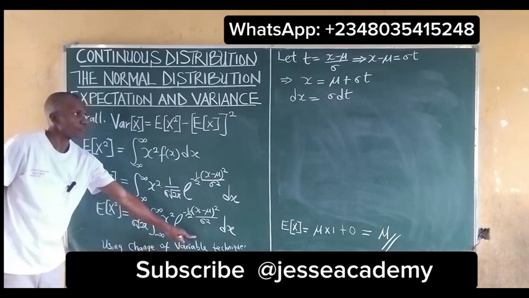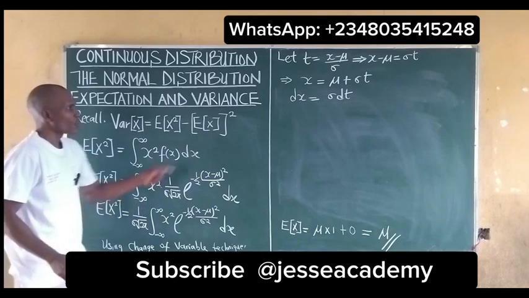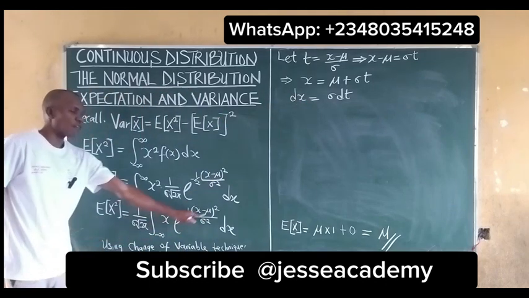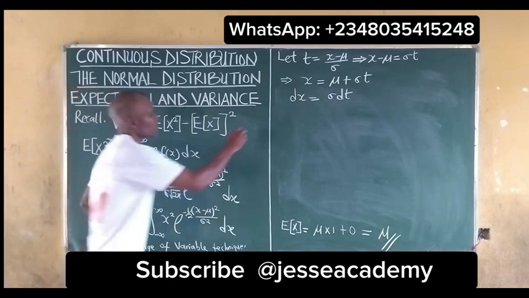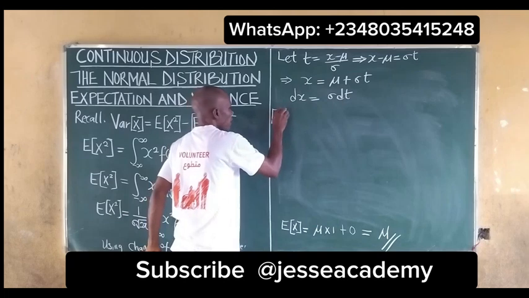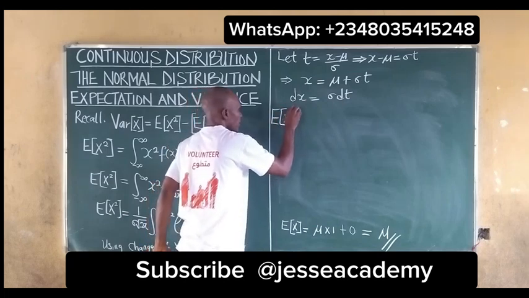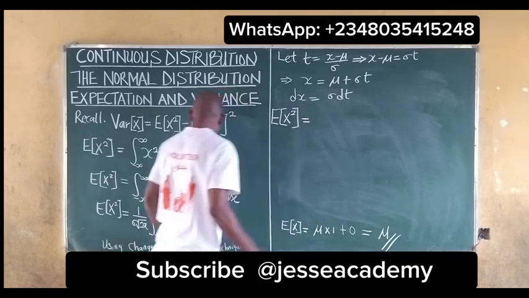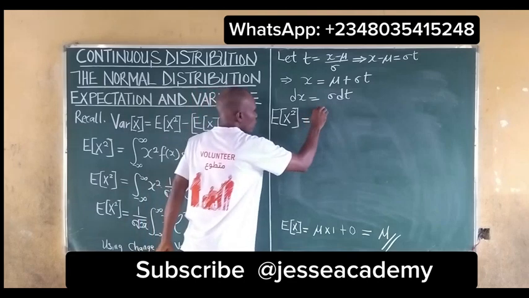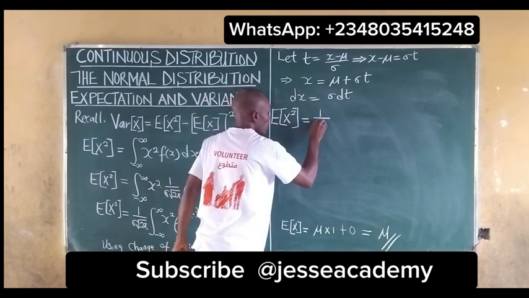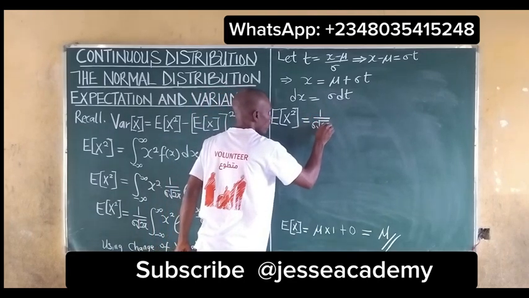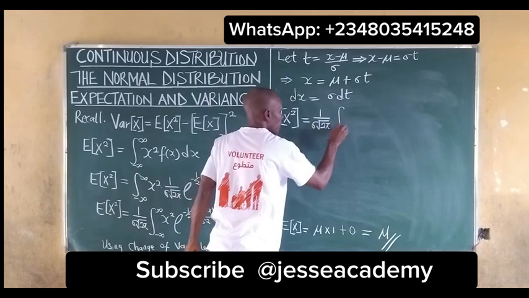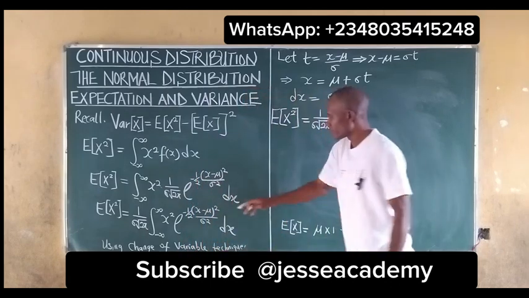So the next thing to do is to introduce the whole of this into the expected value of x. If we do that, we'll get the expected value of x squared to be equal to 1 all over sigma square root of 2 pi, the integral from negative infinity to infinity.